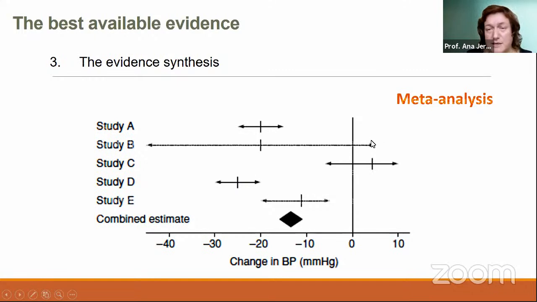In 2 studies, researchers found no significant results. In 3 studies, they found significant results and found the drug to be effective. So to improve our estimate of the efficacy of the drug, we will do meta-analysis, and we have a combined estimate, which will tell us that we expect from this drug that a typical patient will have a reduction in blood pressure from -10 to -50.